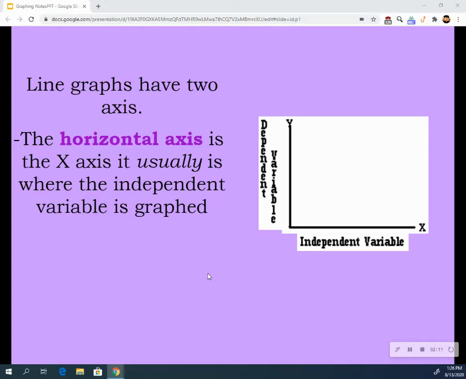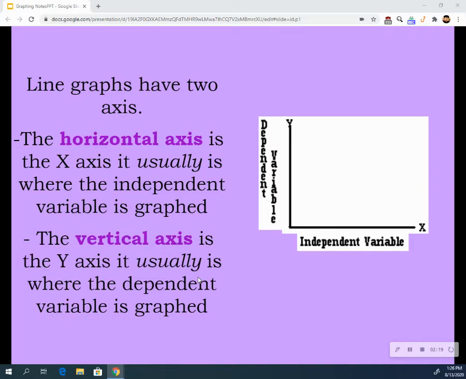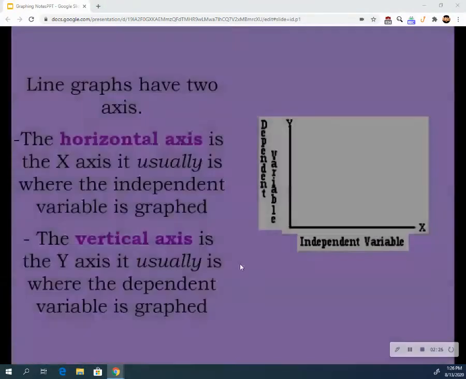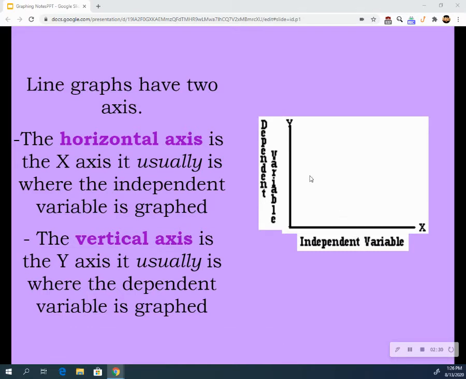Your horizontal axis is your x-axis. This is your independent variable. Your dependent variable is your y-axis. Remember, independent is what you're testing. Dependent is what changes based on your independent.